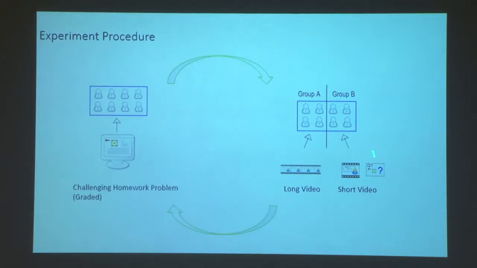After watching the video, they have the freedom to choose how long they want to watch these videos or how many questions they want to attempt. And then they come back and do that challenging homework again.